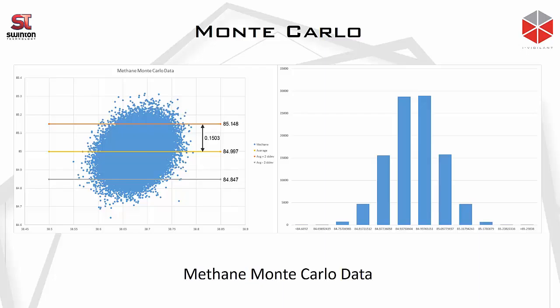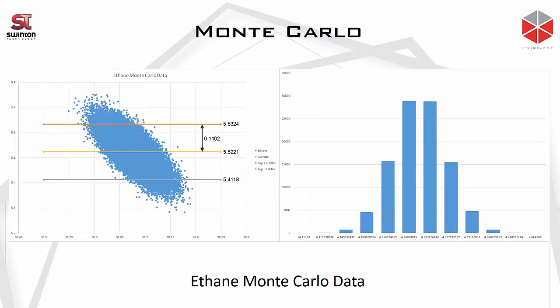Then we put every other component in there. We have methane, 100,000 data points, and then we generate ethane, another 100,000 data points. As you see, the distribution is very similar to methane.